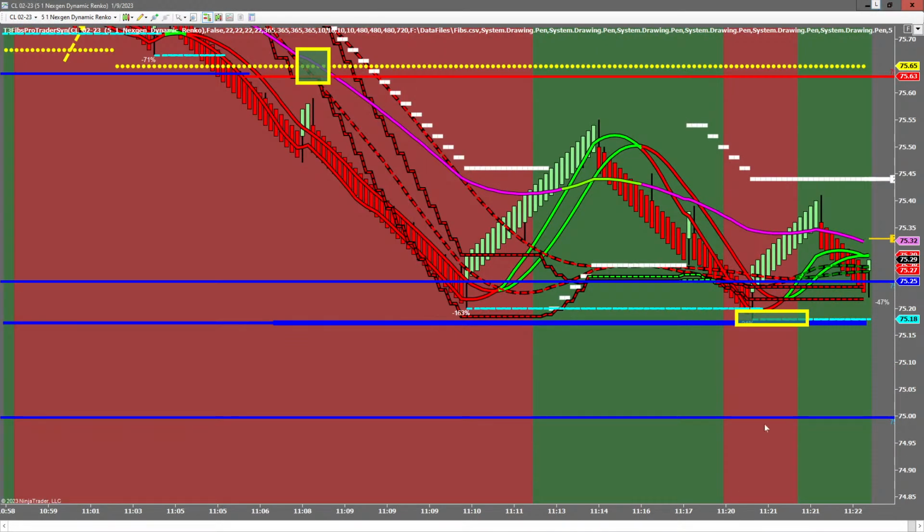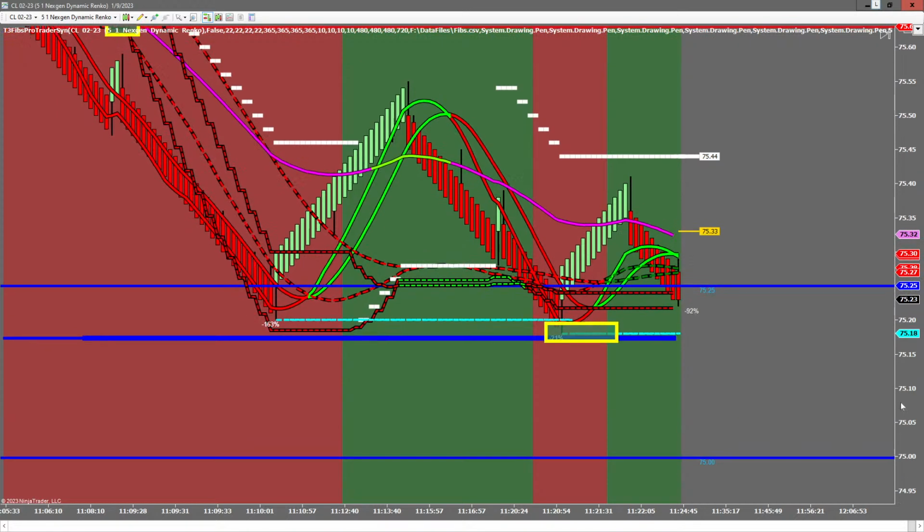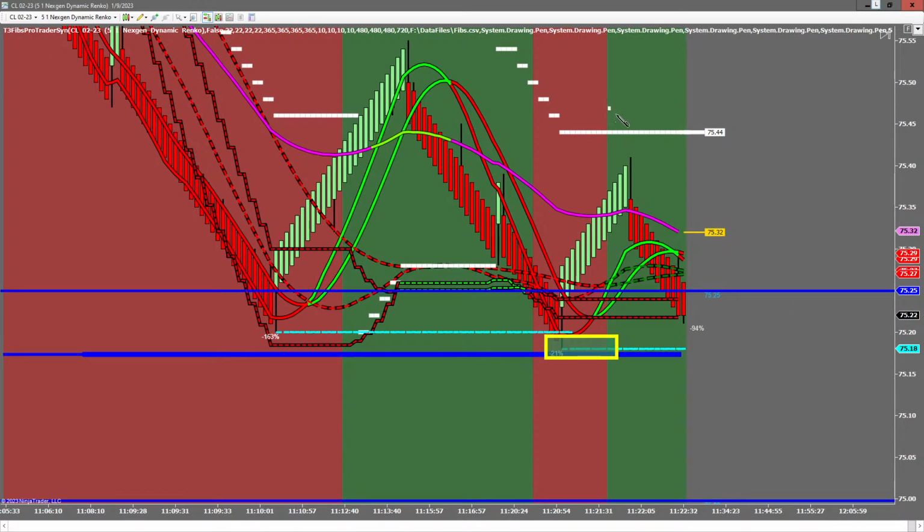So let's look at my 5-1 chart. Just for grins and giggles, have we made 13.2 up bars yet? Yes or no? Nope. So no longs for me.